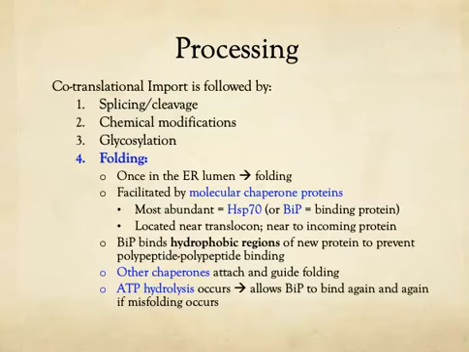It's going to stick to the polypeptide and then guide the way it folds. One of the most important things that HSP70, or BiP, is doing by binding to that brand new polypeptide is preventing it from starting to fold spontaneously.